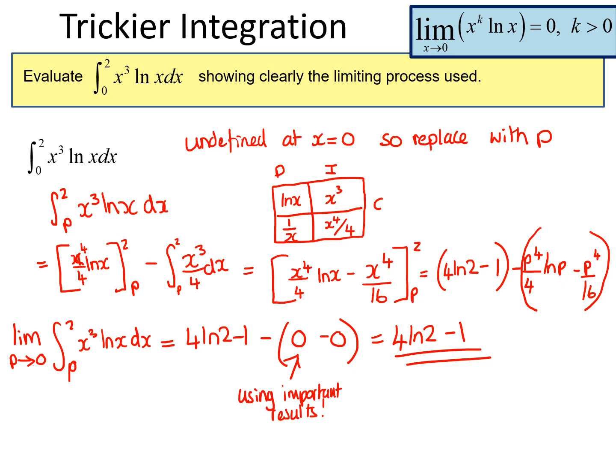Where it says use the important result, it means I've used that thing in the blue box above when I popped in the value of b. As p tends to 0.